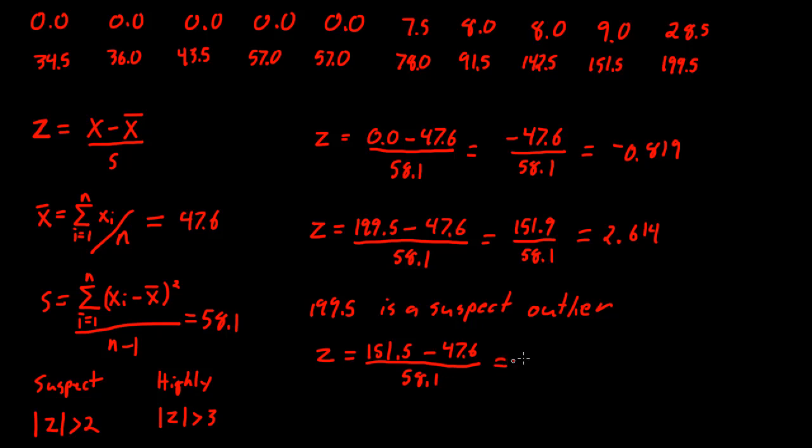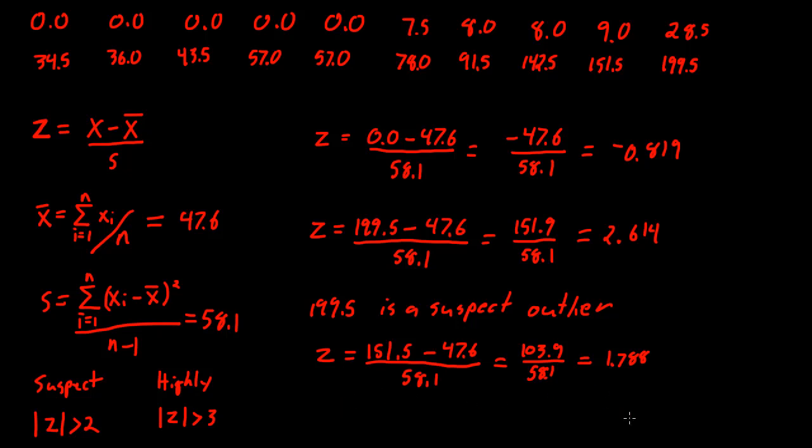So if we actually do that subtraction, we get 103.9 divided by 58.1, which with the division gives us 1.788. So we see that our 151.5 is not a suspect outlier because it has a z-score of less than 2 with 1.788.